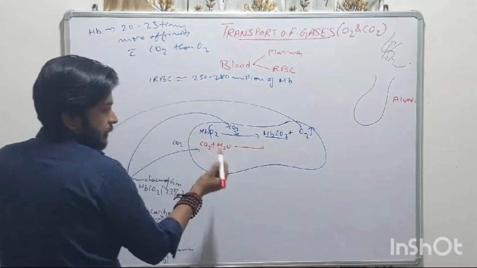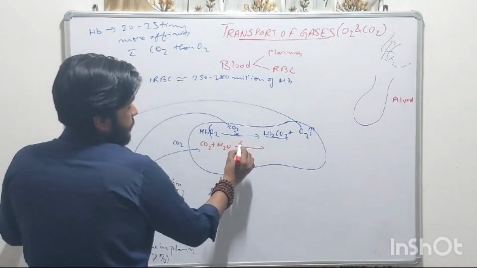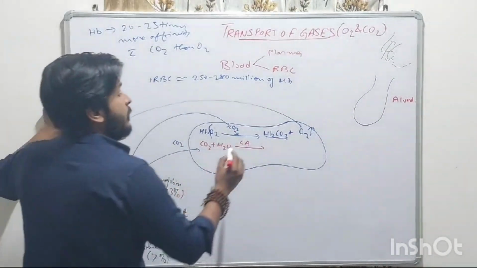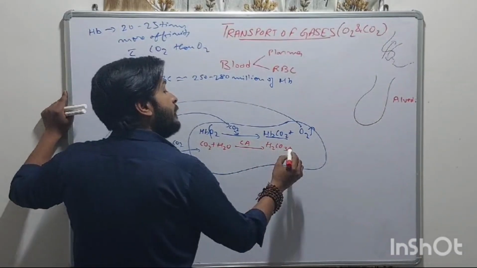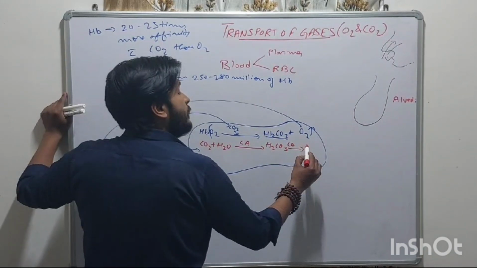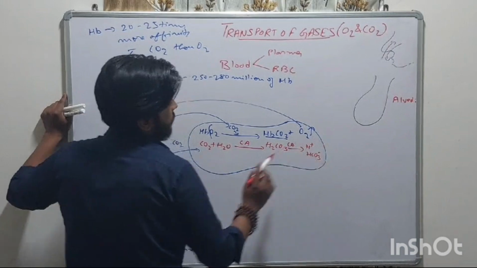We all know the enzyme required for the formation of the CO2 and H2O bond: carbonic anhydrase, it is also written in the biomolecules chapter. Now it will form carbonic acid, which again gets broken into H plus and HCO3 minus.